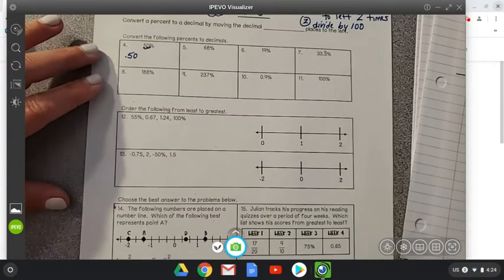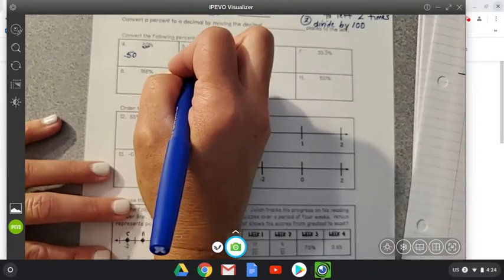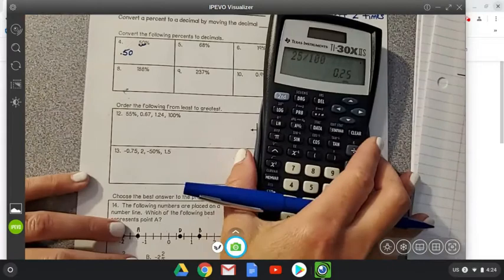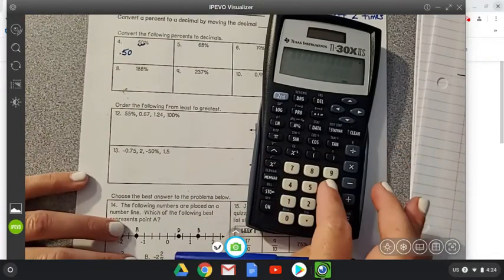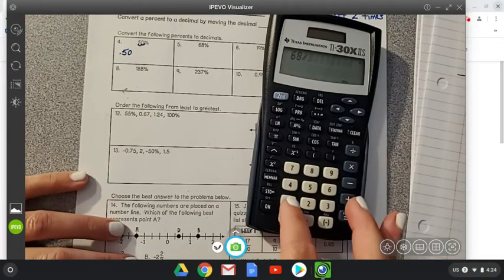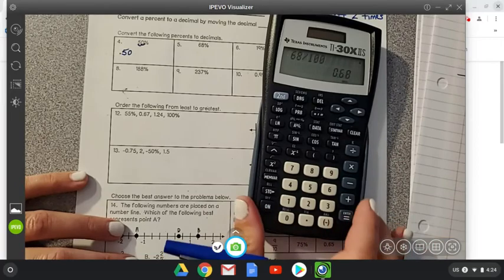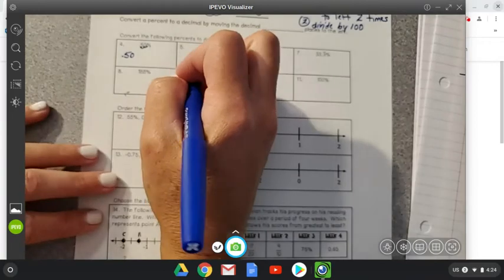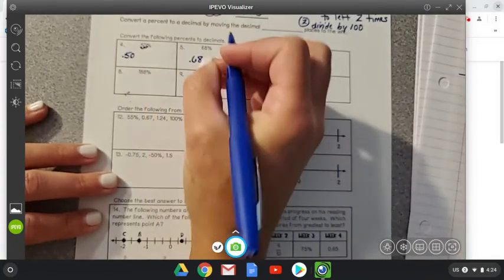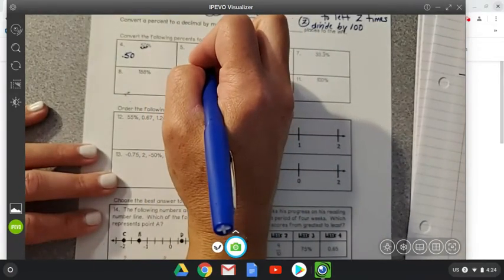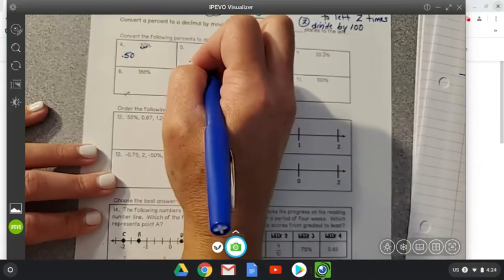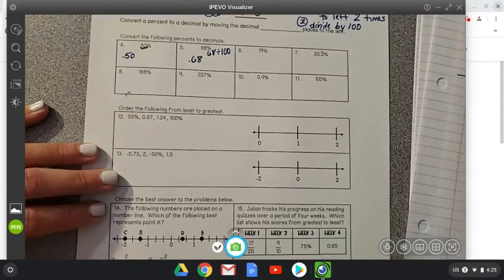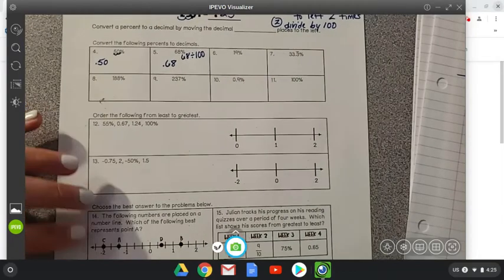For number 5, if I were to divide by 100, if that's the way that I like to do it, then I would just take 68 divided by 100, and I'm going to get 0.68, which is exactly the same as moving the decimal to the left. I'm going to write this out so you can see 68 divided by 100. 2 different ways to do that, 0.68.